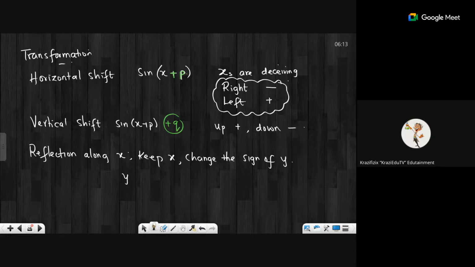Action along the Y, what do you do? You keep Y and change X. How will an examiner ask you this? If they want you to reflect along the X, or I want you to reflect along the Y, what do I do?